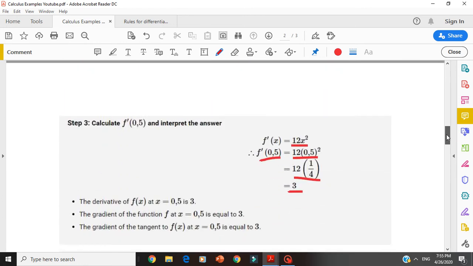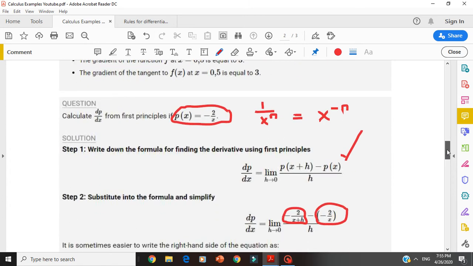Okay, and then in example 3, we had minus 2 over x. That's the same thing as minus 2 x to the power minus 1 as the function. And if I find the derivative of this, minus 1 times minus 2 is plus 2.